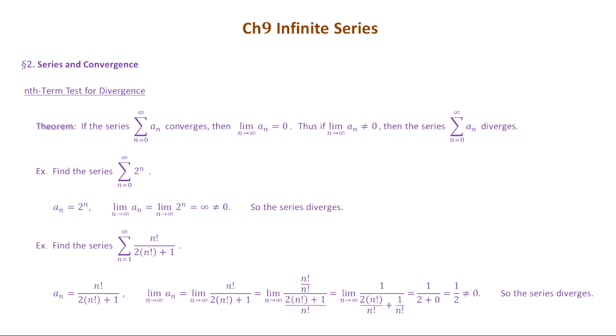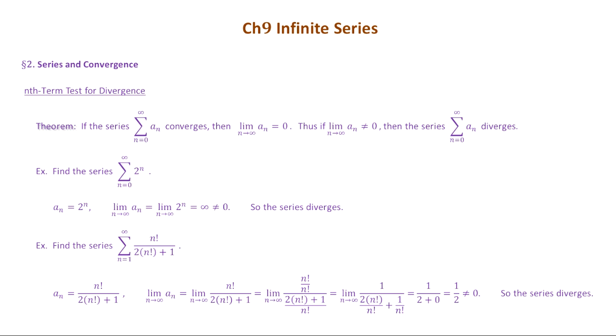When you add infinitely many numbers and want the series to converge, to add to a finite number, then all the terms in the tail, the terms you add on the right, have to approach 0.